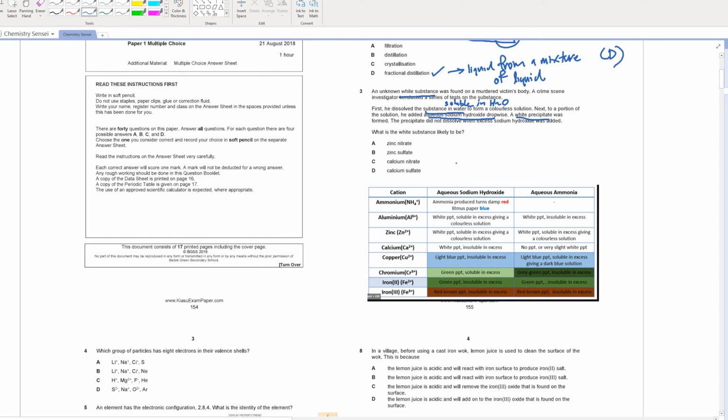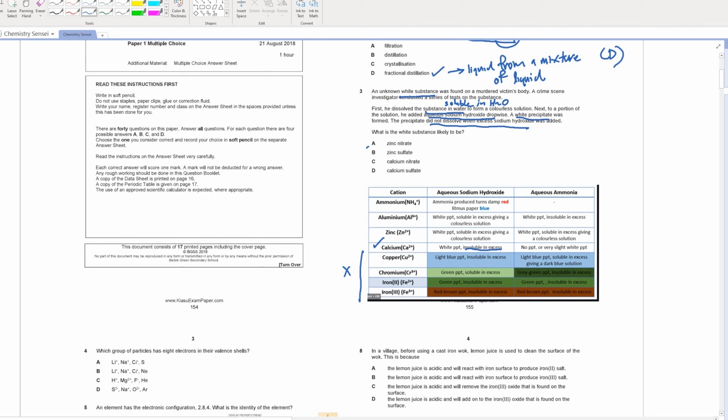Okay, so let's take a look at aqueous sodium hydroxide. We do not need to look at the transition metals, as transition metals give colored compounds. So we need to look at either ammonium, aluminium, zinc or calcium. From here, we can conclude that the answer is calcium, because from the question, it is stated that the precipitate did not dissolve in excess sodium hydroxide. So it is insoluble in excess.